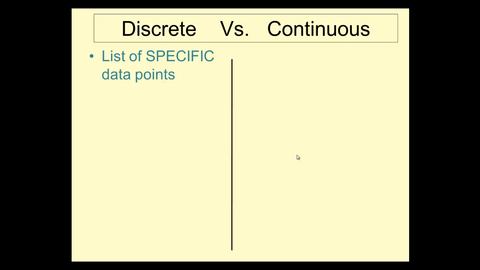Okay, so a discrete graph is going to be a list of specific points. And this will often come in the form of a scatter plot, or a table, or a list of points.